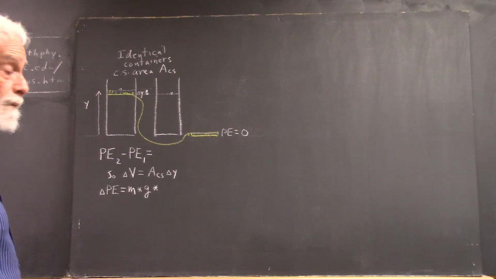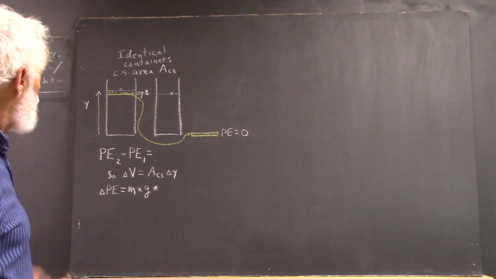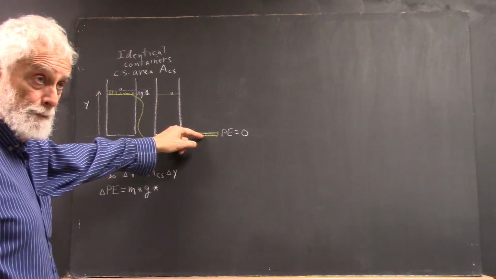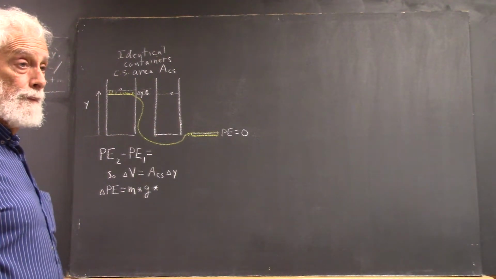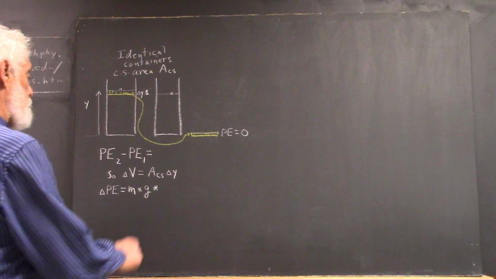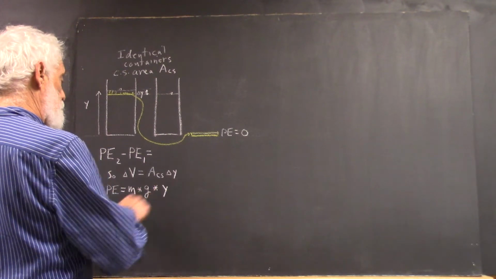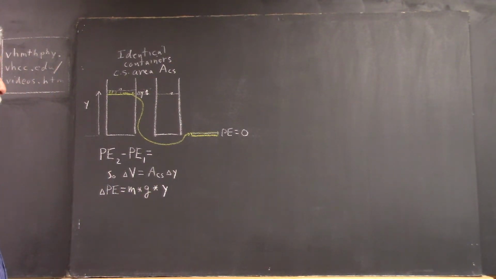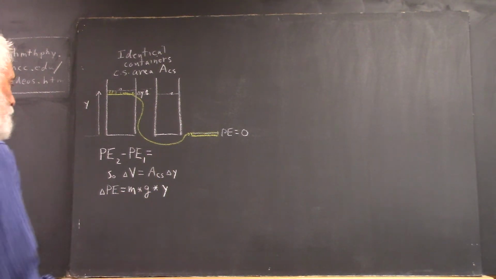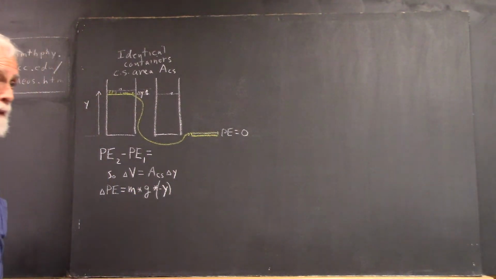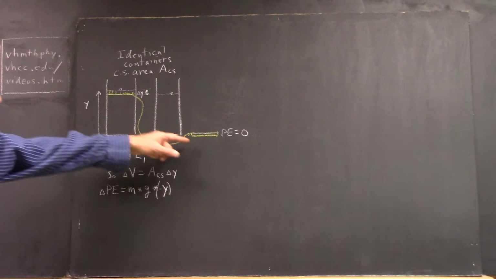Delta Y, right? The distance between the water levels. It doesn't move from here to here, it moves from here to here. Now there's your mgh that you love so much, except that it's not y, it's negative y, right? Because you're moving from here to here.